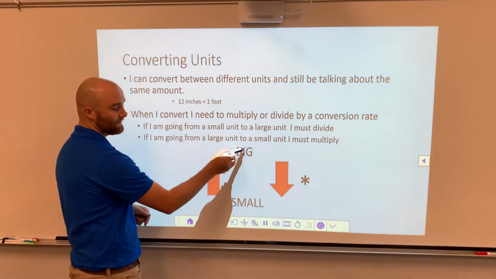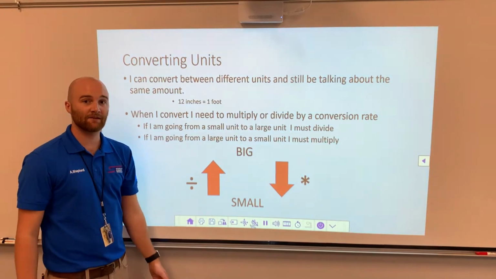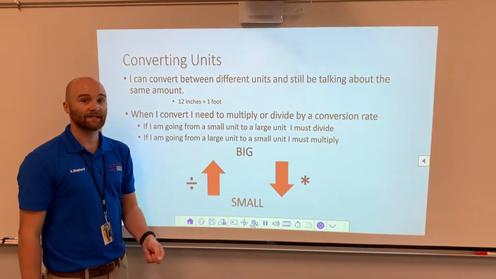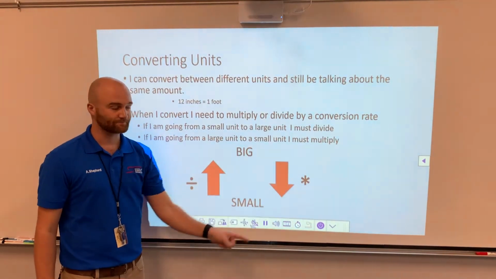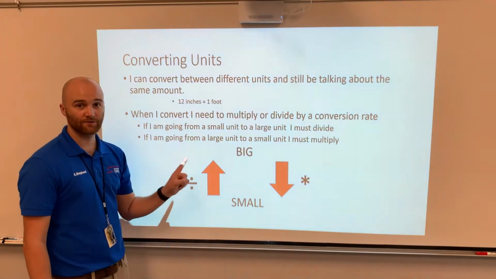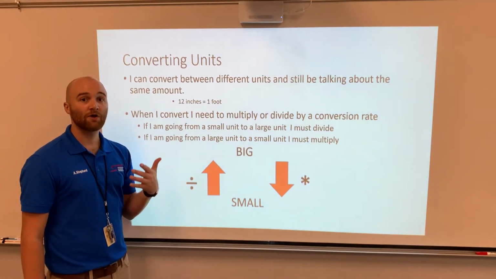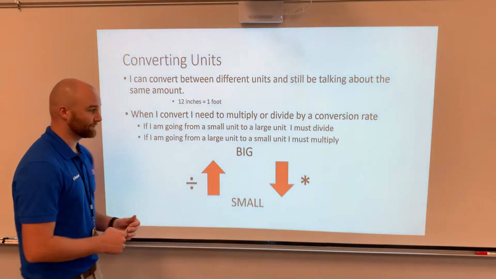If I want to go from a big unit down into something small, like from tons, like the size of an elephant, down into pounds, like the size of your notebook, that would be big to small, and I would multiply. By remembering how to draw our arrows, we're going to be able to solve all of our conversion problems. Let's look at some examples.